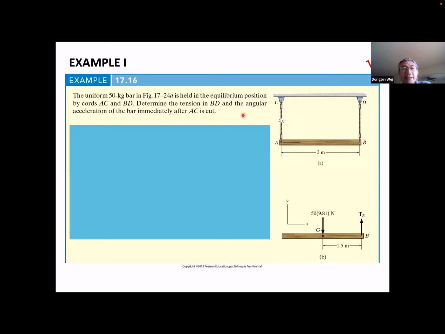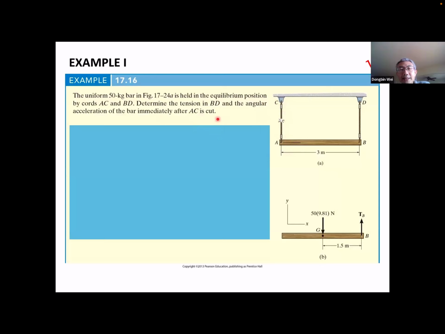The target here is to determine the tension force in cord DB, and the angular acceleration of this bar AB, immediately after cord AC is cut.